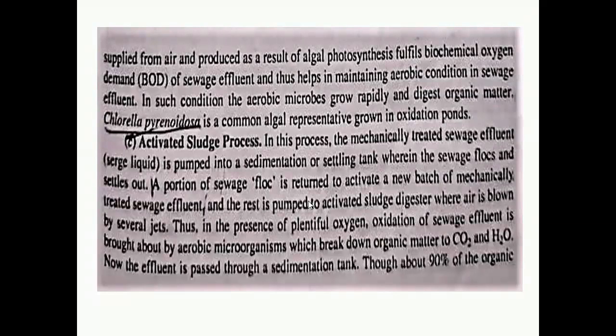A portion of the sewage flock is returned to activate a new batch of mechanically treated sewage effluent, and the rest is pumped to the activated sludge digester, where air is blown by several jets.